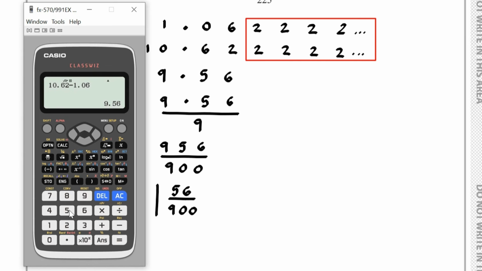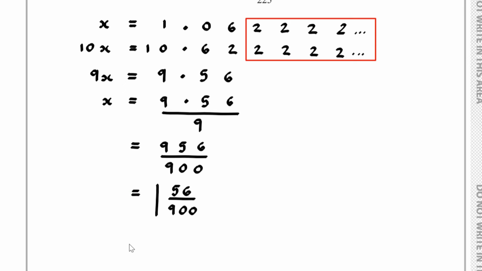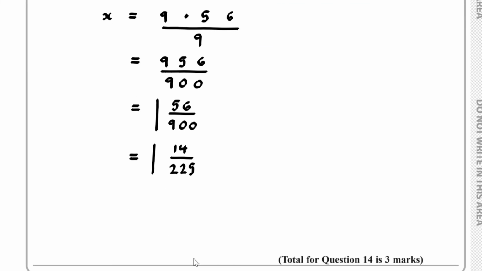And if we work out 56 divided by 900, we get 14 over 225. So we get a value of 1 whole and 14 over 225. And that's exactly what we wanted to show.